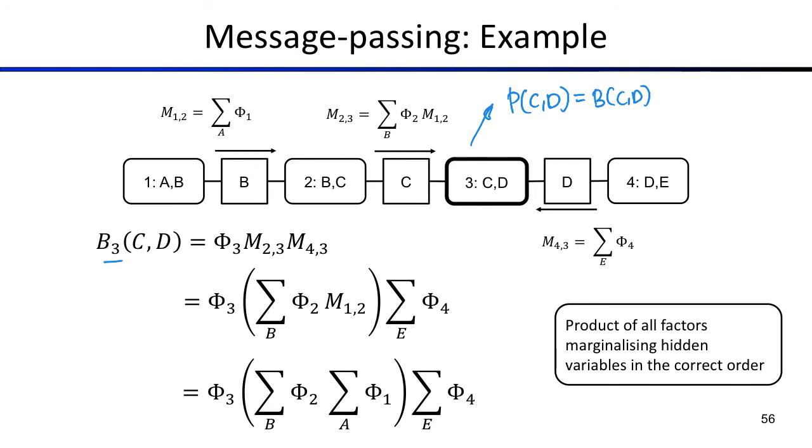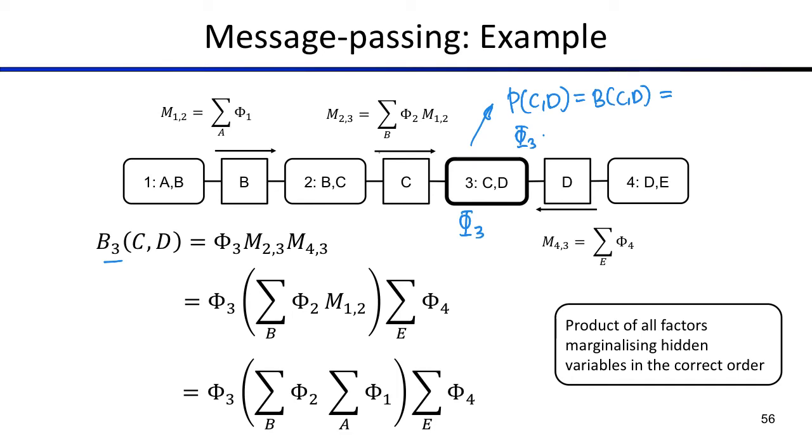And what is inside this at the end of the computation? So what we have here is basically this big phi 3 that was the factor associated here. So we have this big phi 3, and we're going to multiply by the messages that we received from the neighbors.